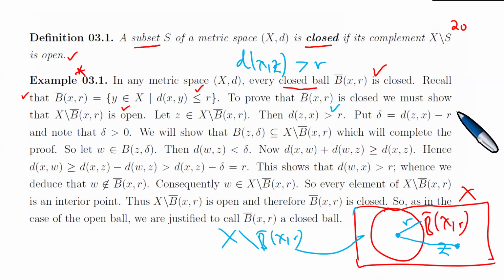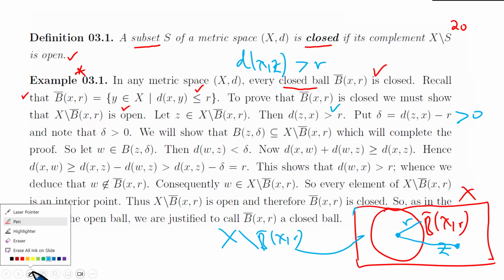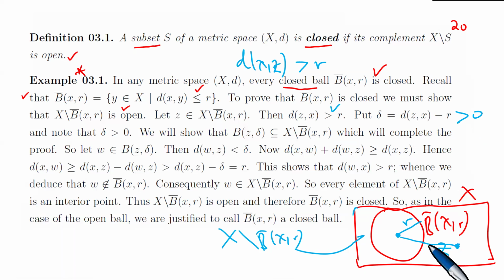Why is delta a positive number? It is positive because we're taking the distance between Z and X, which is much bigger than R, and we're subtracting something smaller than the distance. What is delta? Delta is this little distance here. We're calling it delta.